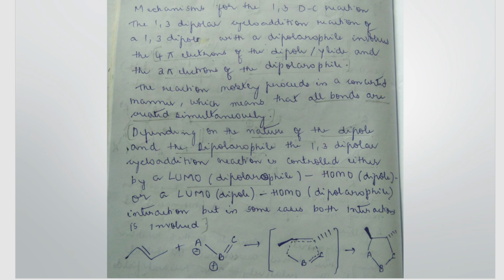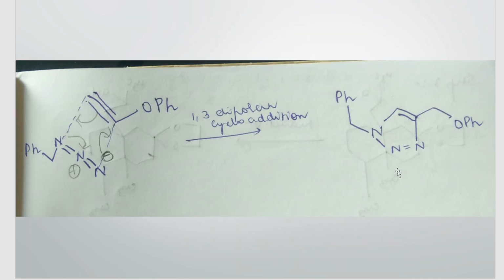So it can proceed in different ways. That is, LUMO will be the dipolarophile and HOMO will be the dipole, or the reverse. That is, LUMO will be the dipole and HOMO will be the dipolarophile. So two different types of interaction are possible. Here you can see that it leads to a formation of intermediate and then the cyclic product. So this is one example of 1,3 dipolar cycloaddition reaction. That is about 1,3 dipolar cycloaddition reaction.